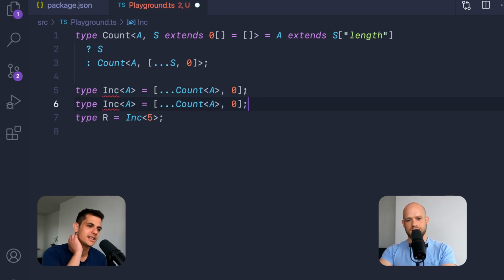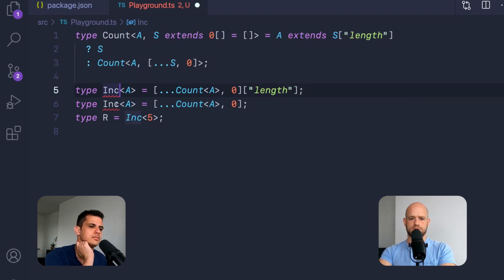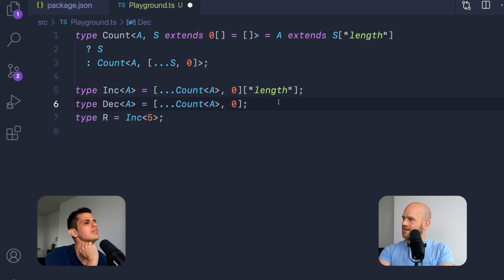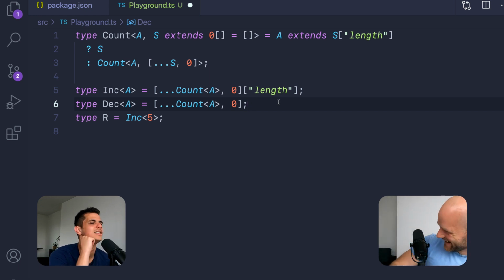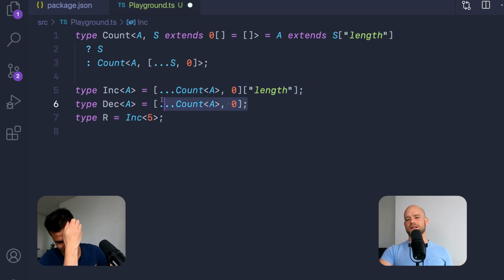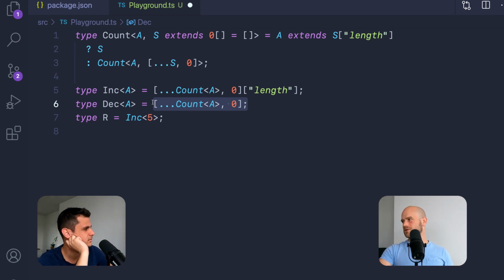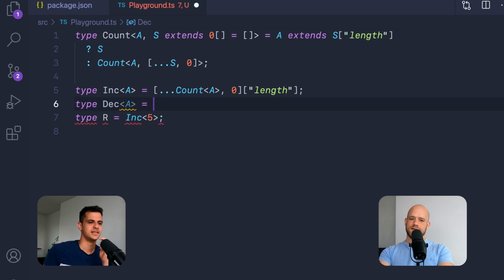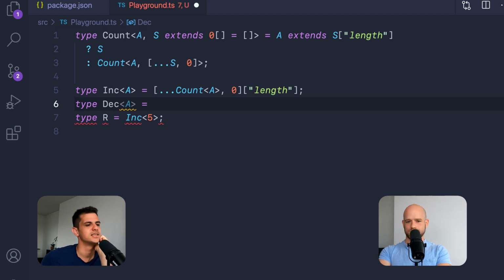Now, how do we decrement? Let me maybe even put length here. If you look deep in your heart, you know how to decrement. It's the inverse of increment. No, it's not. It's done using head and tail like we did before. I see. So do we use the infer keyword again? Yes.